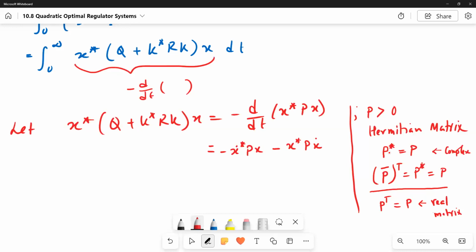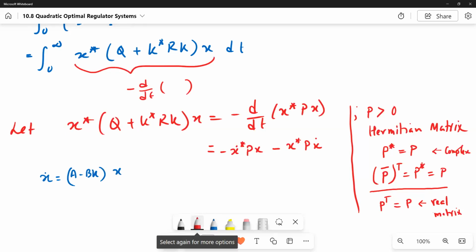Okay. So now we have x dot. We already figured out x dot is equal to (A minus BK)x. So now replace this here.